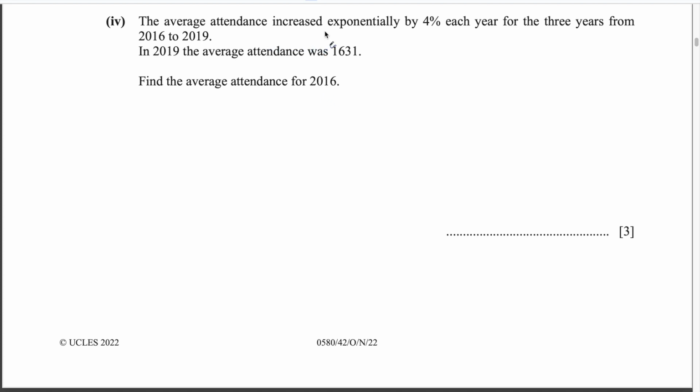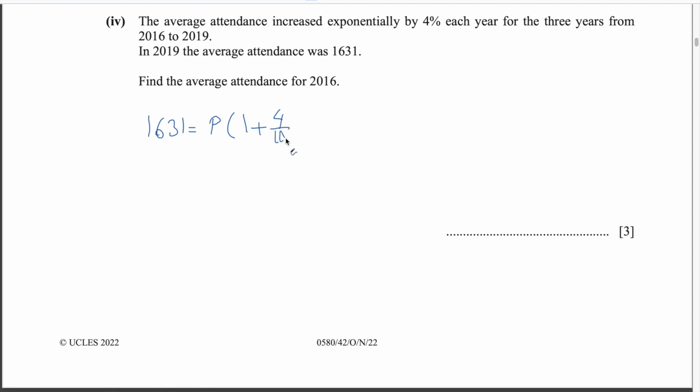As it says, increase exponentially, so the compound interest formula must be implemented. In 2016, the number of people is unknown, but in 2019 it was 1631.